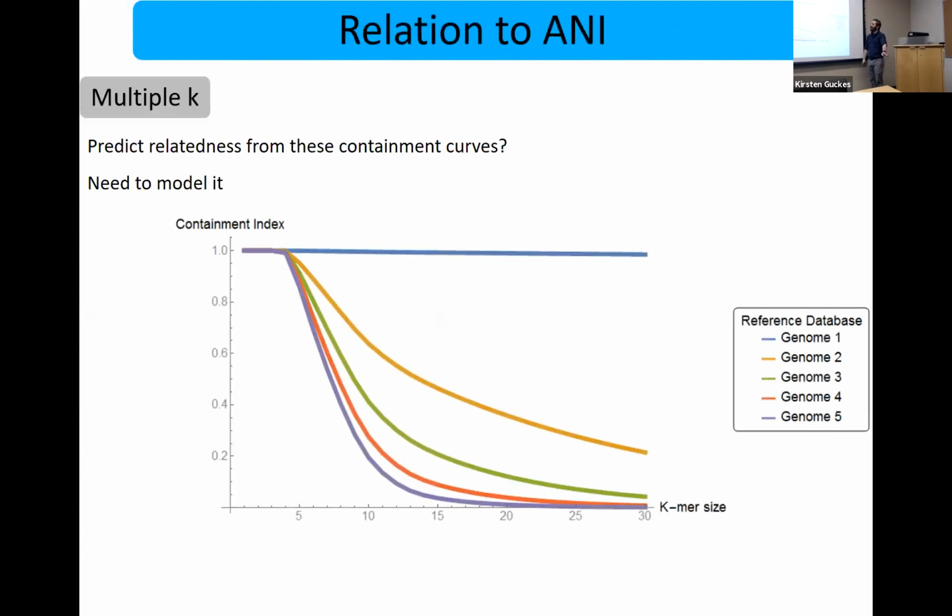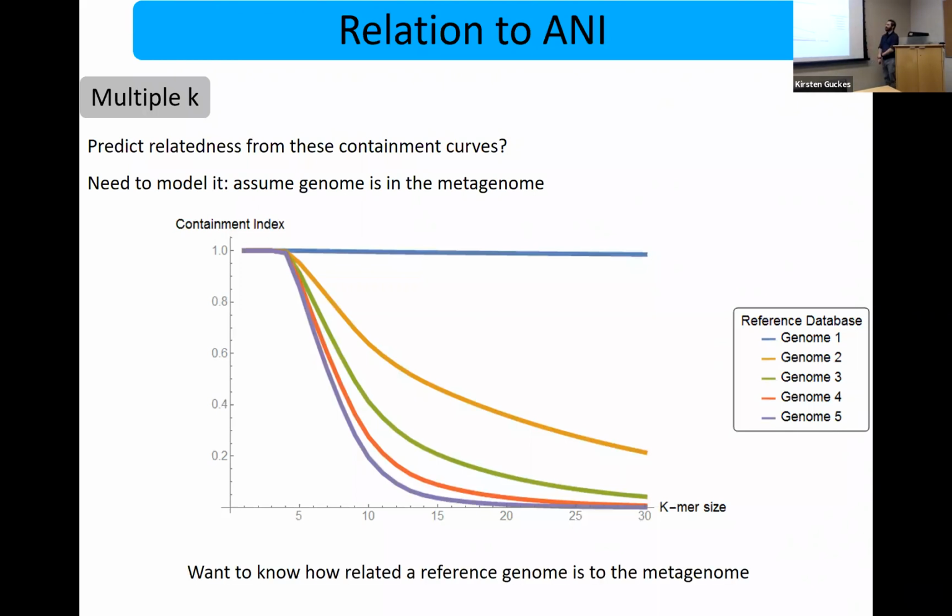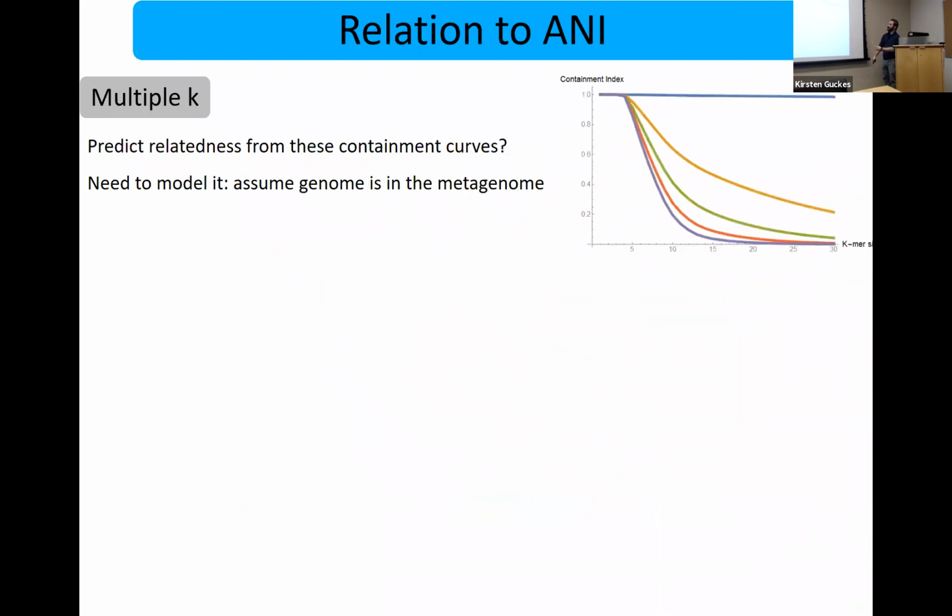To be able to do that, I'm going to have to model this. So I'm going to assume that your genome is actually present in the metagenome, and I'm going to ask, if it's present, what would the curve look like if it's related at a certain distance? So, how related is a reference genome to the metagenome?